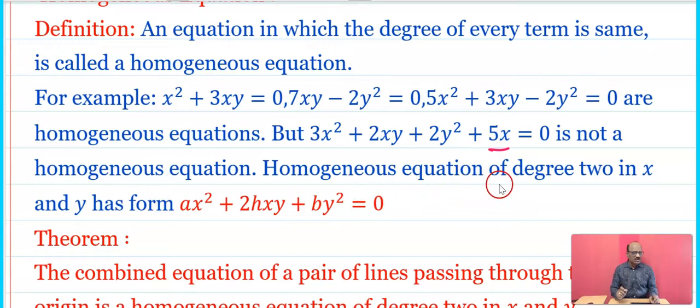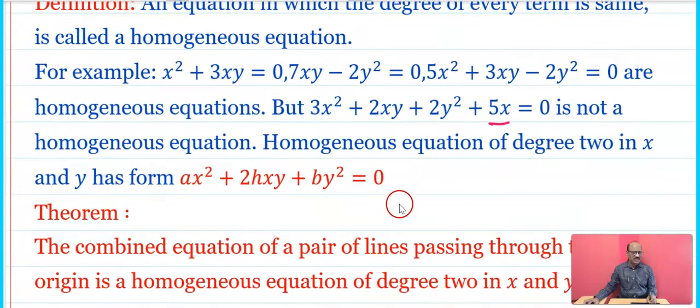The homogeneous equation of degree 2 in x and y has the form ax square plus 2hxy plus by square equals 0. This is a very important equation and you have to remember it.